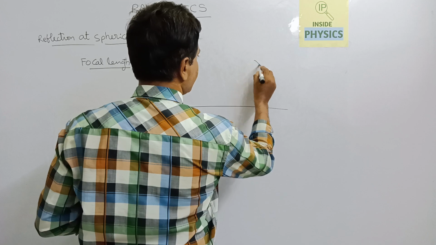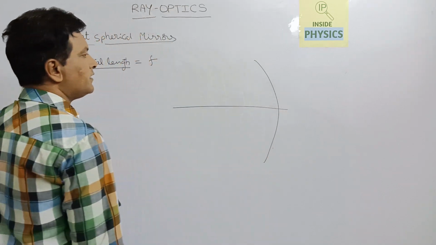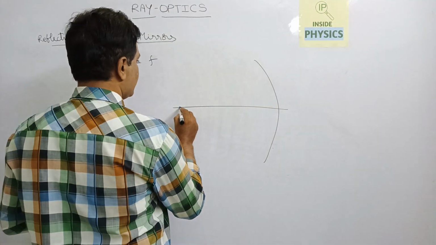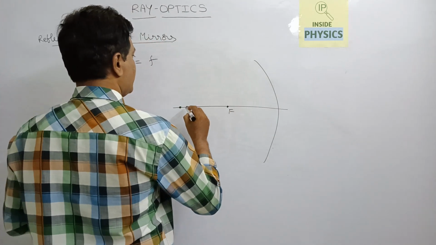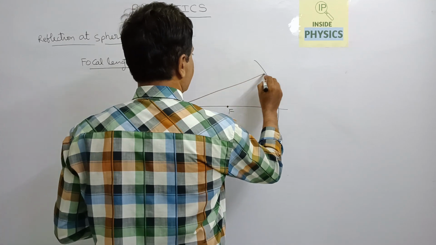This is the principal axis, this is a spherical mirror, this is the center of curvature, and this is the focus.